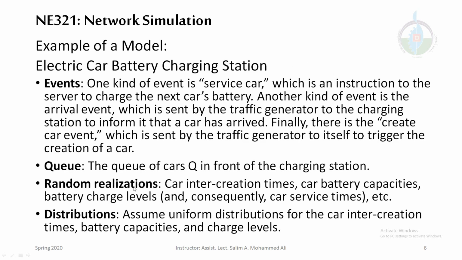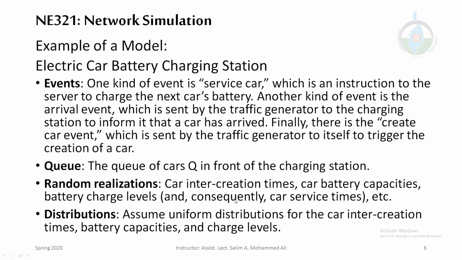Random realizations, variates. Car creation times are random. Car battery capacities are also random. Battery charge levels are also random. Sometimes when you are in a hurry, for example, if you are going to a gas station, you don't need to fill a full tank with gasoline. You decide based on your budget or your time, or because you are in a hurry.